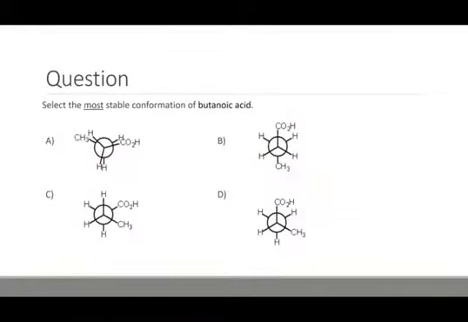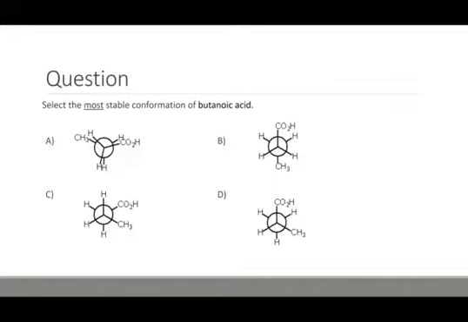Okay, so let's try another question. Here, instead, select the most stable conformation of butanoic acid. Now, as I just said, remember that eclipsed conformations are unstable, whereas the staggered conformations are more stable.